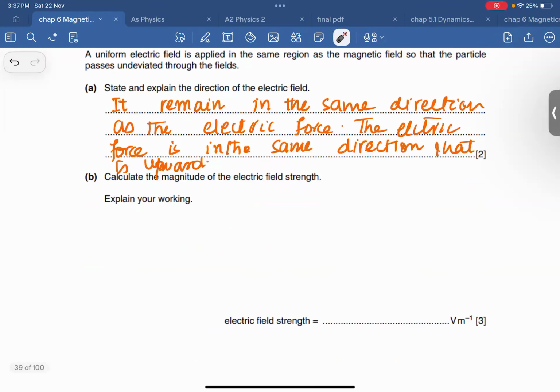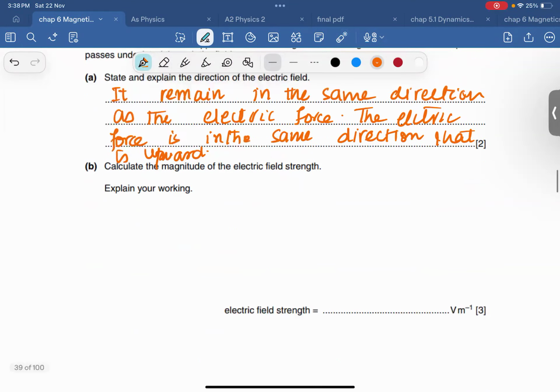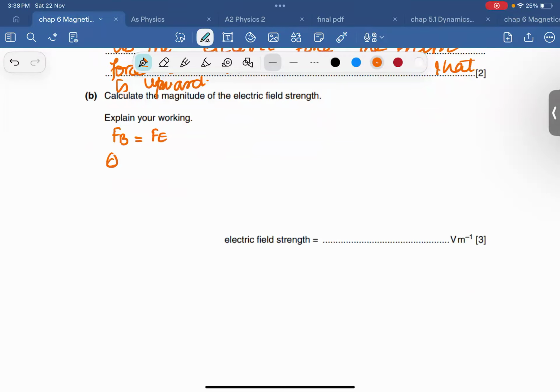They're saying calculate the magnitude of the electric field. Show your working. We know that the magnetic force FB is equal to the electric force FE. The magnetic force is BQV, and for the electric force we have EQ.